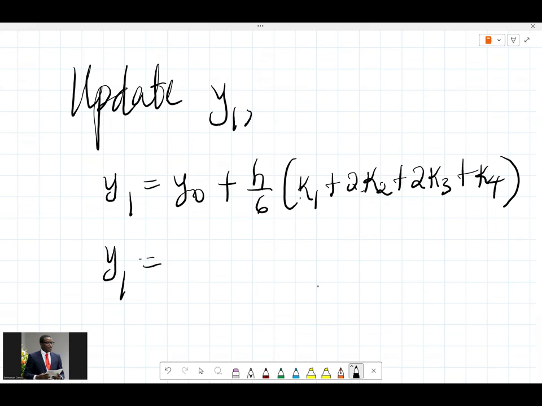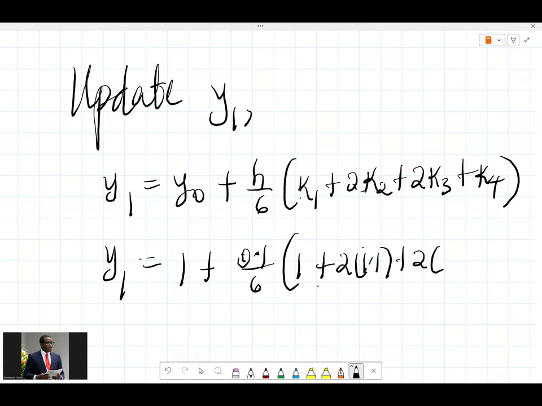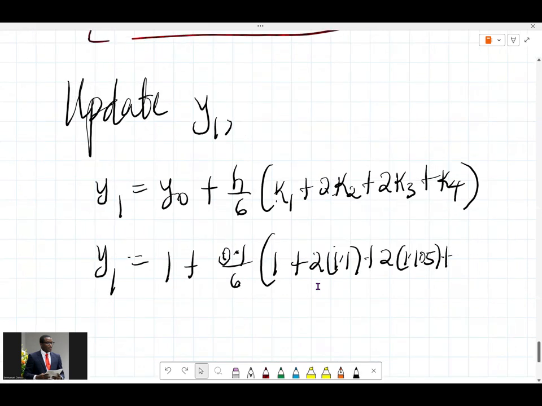So y1 is equal to y naught, which is 1, plus h, which is 0.1, divided by 6 into K1, which we got to be 1, plus 2 into K2, that's 2 into 1.1, plus 2 into K3, which is 1.105, plus K4.